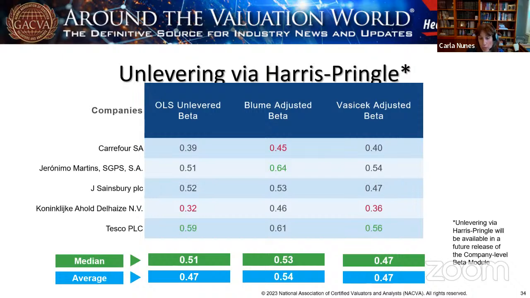As I said, this is just to give you an example. This is not in the tool yet, but it's just to show that the unlevered betas are higher using this method because of the amount of debt in the capital structure. But it continues to be the case that Ahold seems to have the lowest beta of the group.